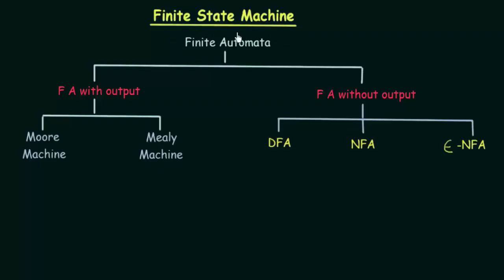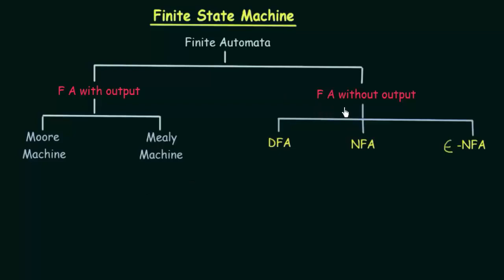Finite state machines are also known as finite automata, and finite automata is divided into two broad categories. The first is finite automata with output, and the second is finite automata without output. In finite automata with output, we again have two categories, namely Moore machine and Mealy machine.